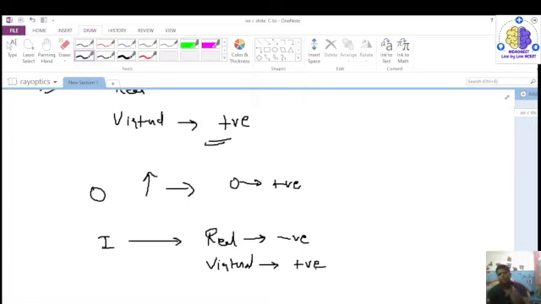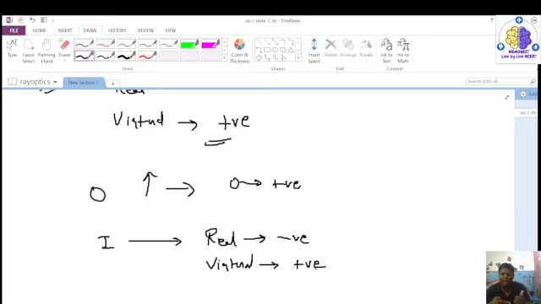Sign convention says that all the distances should be measured from the pole. If while measuring the distance we are moving in the direction of the incident ray, then the distance measured will be positive. If we are moving opposite to the direction of the incident ray, then the distance measured will be negative. Any distance measured above the principal axis will be positive, and any distance measured below the principal axis will be negative.